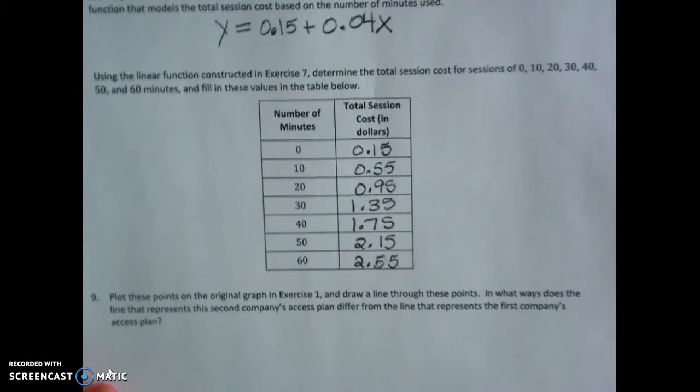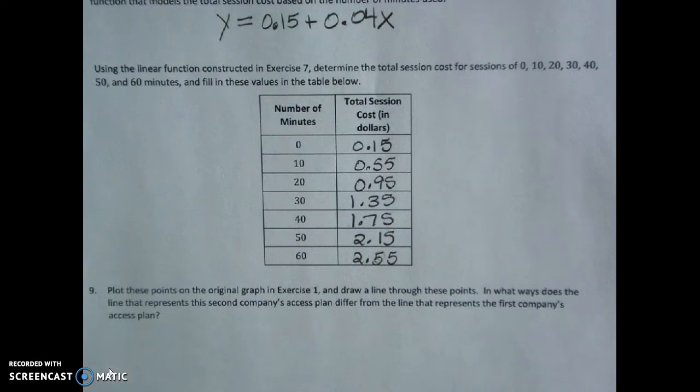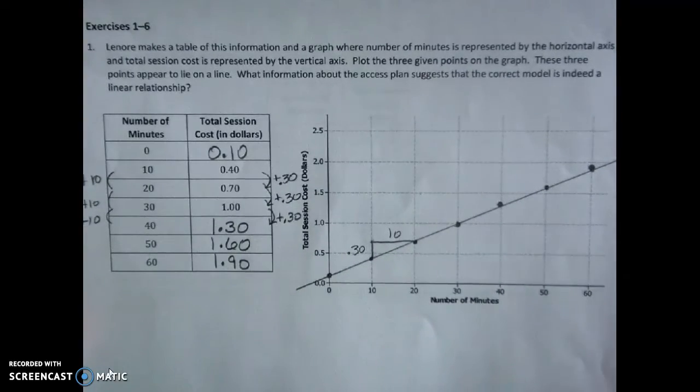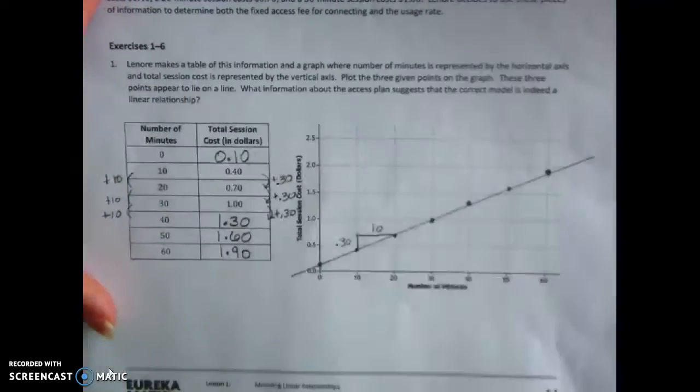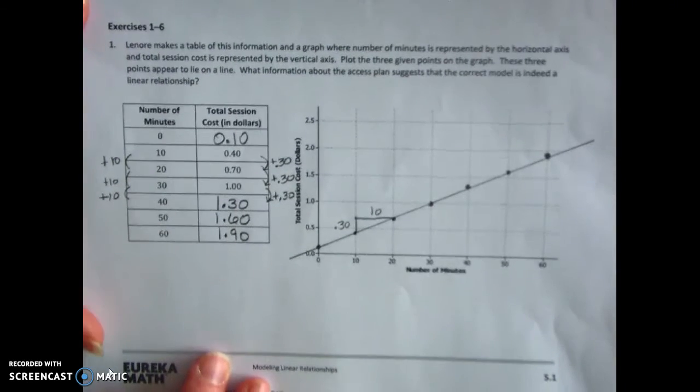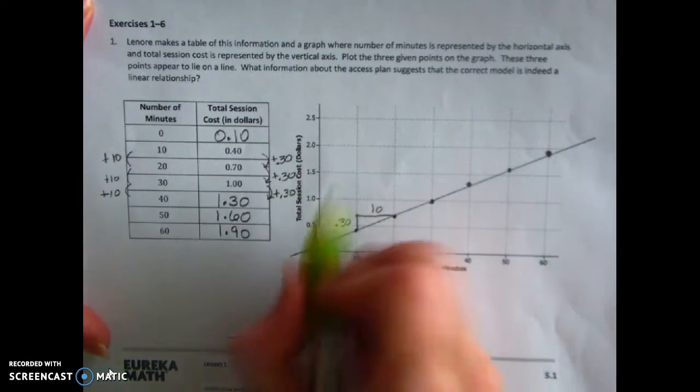Now, question 9, we're going to plot these points back on the original graph, and we're going to draw the line that intersects these points. And then we're going to talk about how these two companies' plans differ. Okay, so back to the very beginning here. We're going to take and plot 0 is at 15 cents.